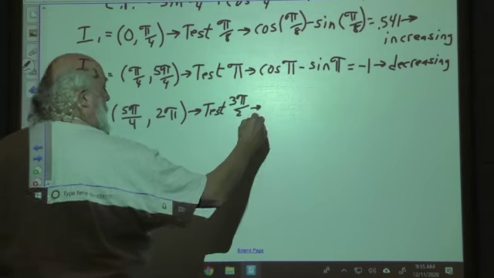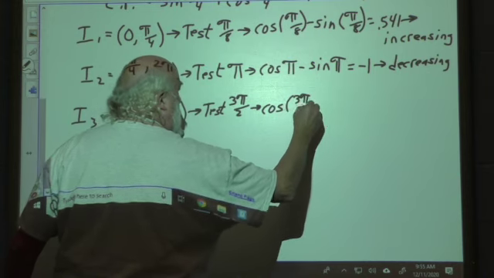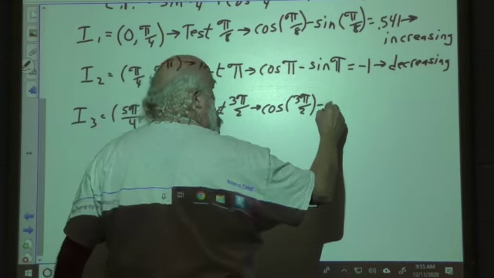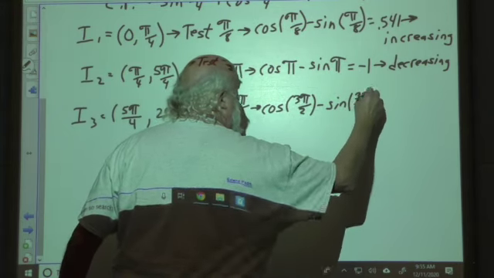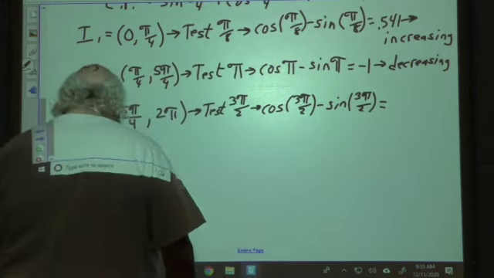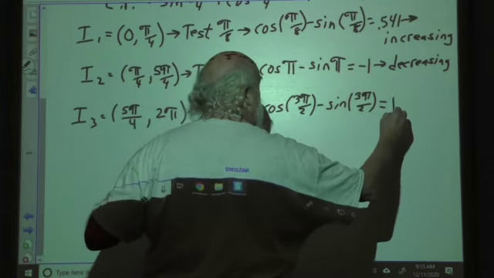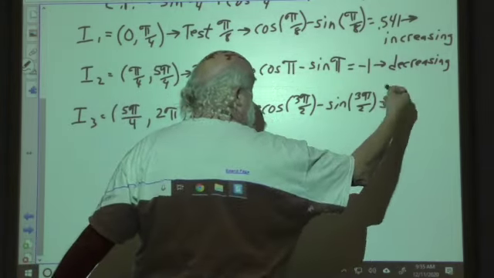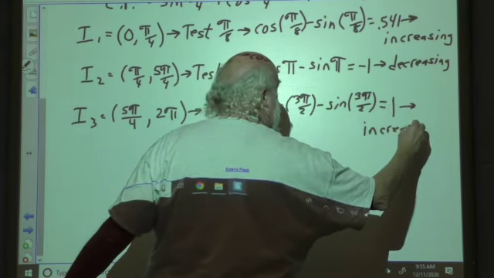This is the cosine of 3 pi over 2 minus the sine of 3 pi over 2, and that value equals 1. That value is increasing because it's positive. And so it's exactly what I thought was going to happen here.